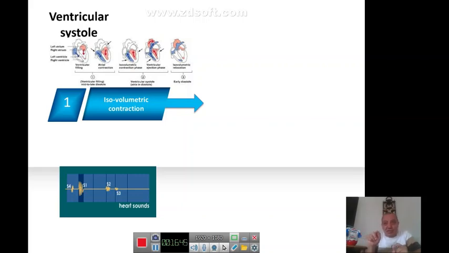When the blood starts going back, it will be closed. So there is no need to use any energy for the closure of the valves.